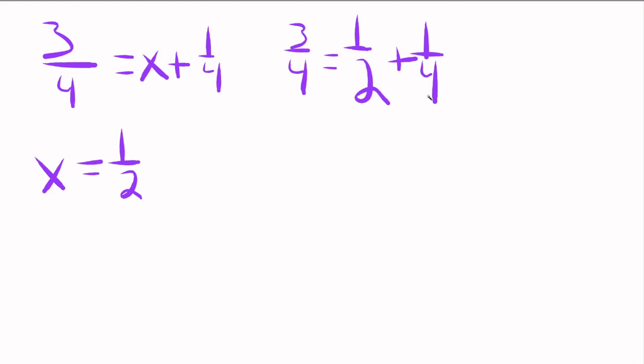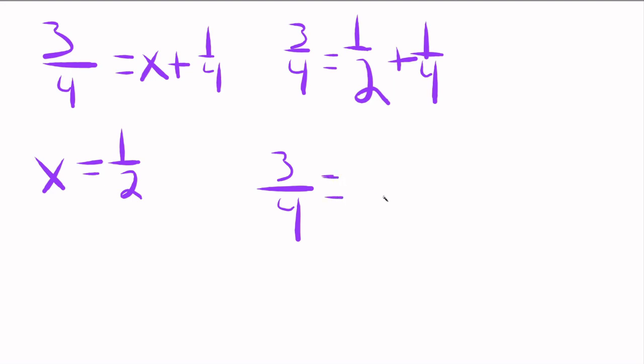Right away we should notice that we're adding fractions on this right-hand side and we do not have common denominators. That means we're going to have to do something to our denominators to get them to be the same. On the left-hand side I'm not doing anything with that yet. I'm just rewriting 3/4 again.